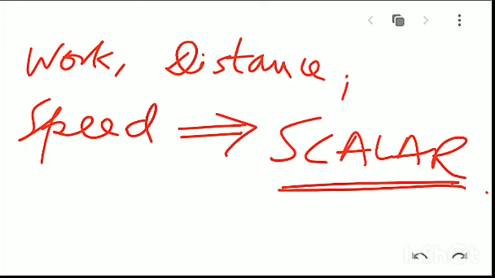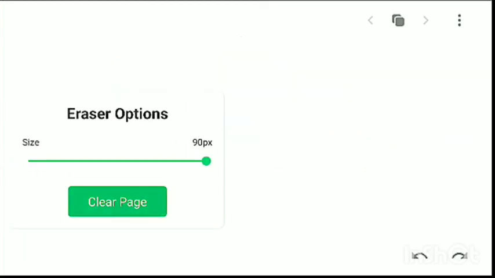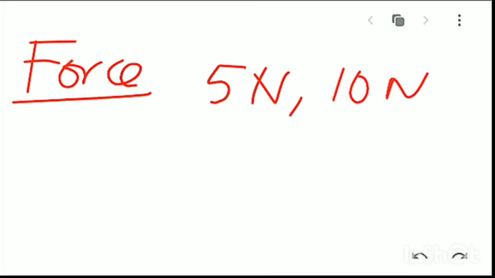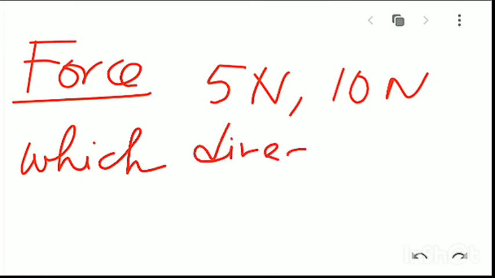Again, there are some quantities like force. If I ask you how much force, you tell me 5 Newton, 10 Newton. The question must then be asked, in which direction is the force working?